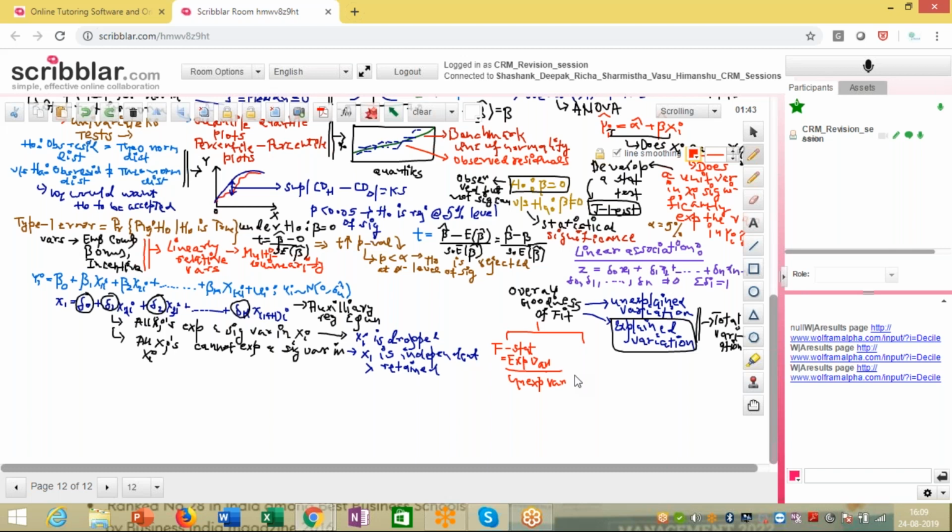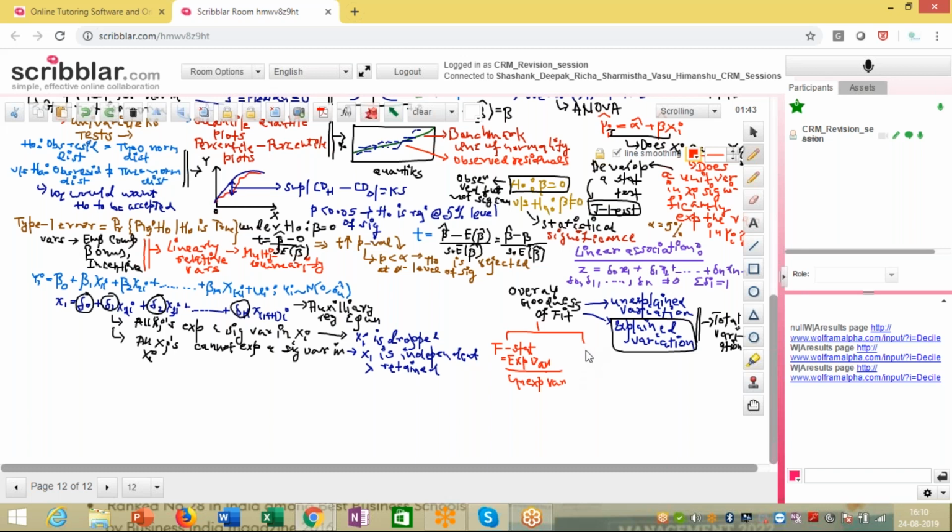One way to look at the overall goodness of fit is to understand what multiples of my unexplained variation my explained variation is.